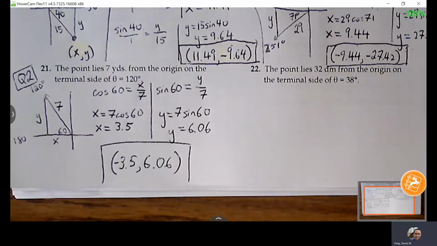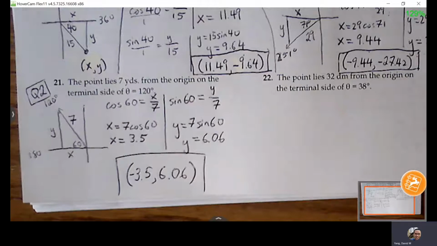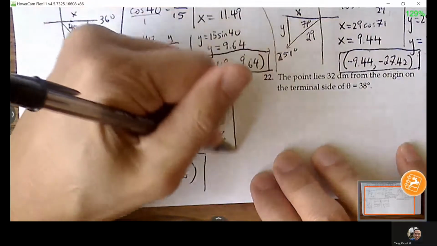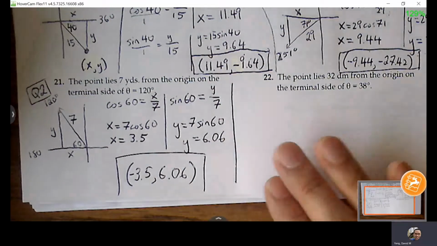All right, try 22. All right, 22 is easier, right? First quadrant.